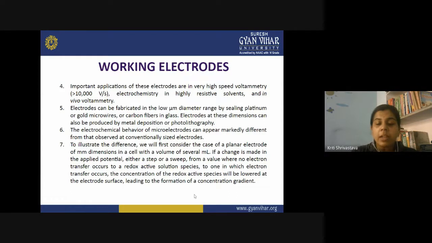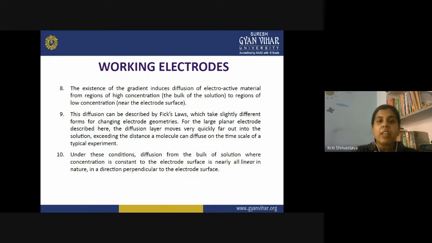And we know that this concentration gradient is responsible for the diffusion of electroactive material from the region of high concentration, that is in the bulk of the solution, to the region of low concentration, that is near the electrode surface.